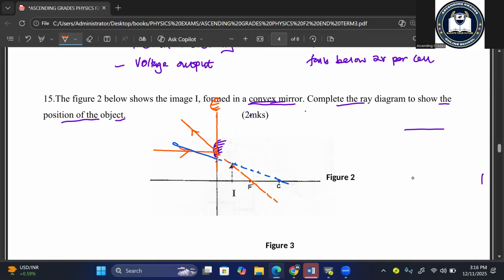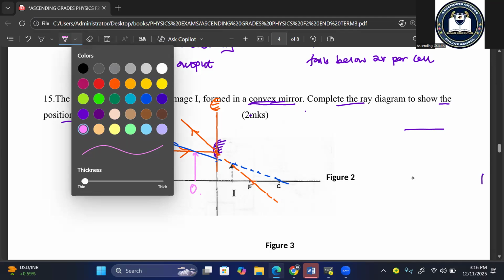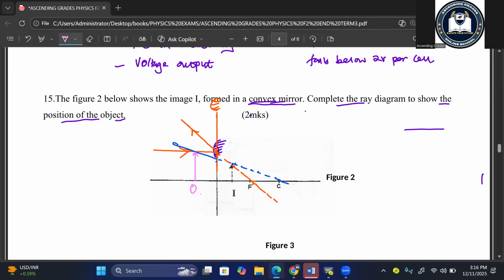So these two rays here are meeting at this junction. Then this becomes my object. So don't forget to show the ray direction. This one could go and come back.